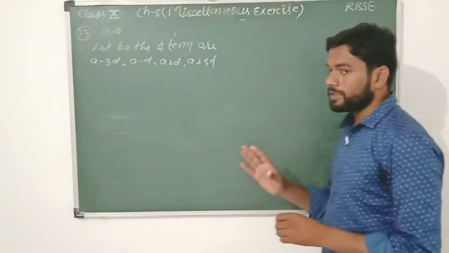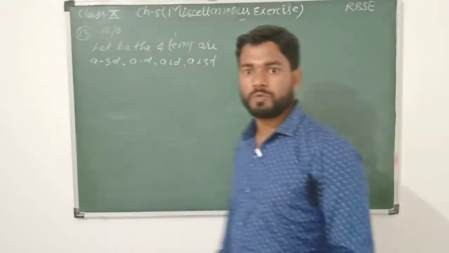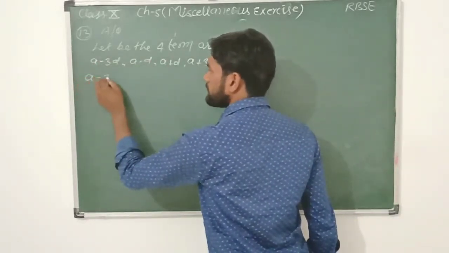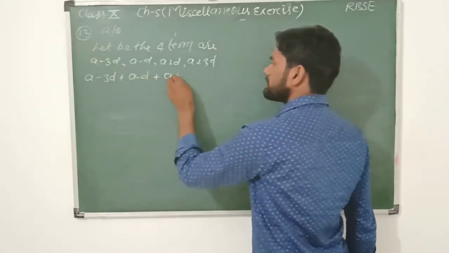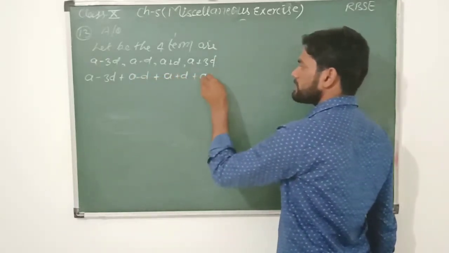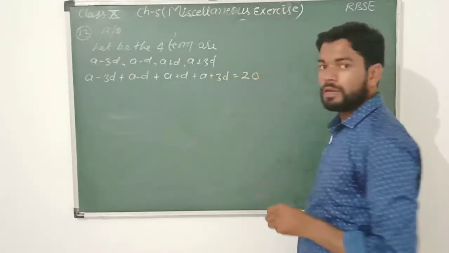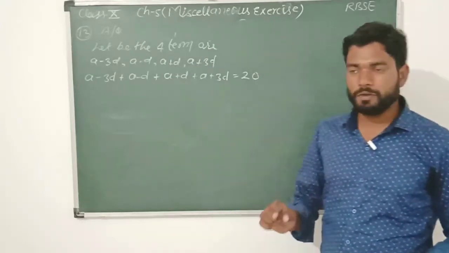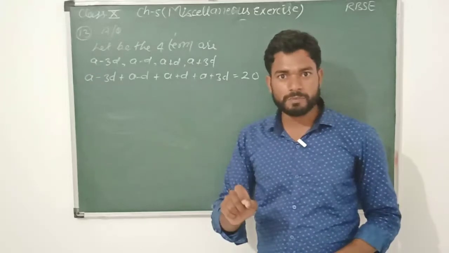Clear? Now, according to the question, it is given that the sum of all these terms is equals to 20. A minus 3d, a minus d, a plus d, and a plus 3d is equals to 20. Now I think you have a doubt in your mind, why did we consider these four terms?